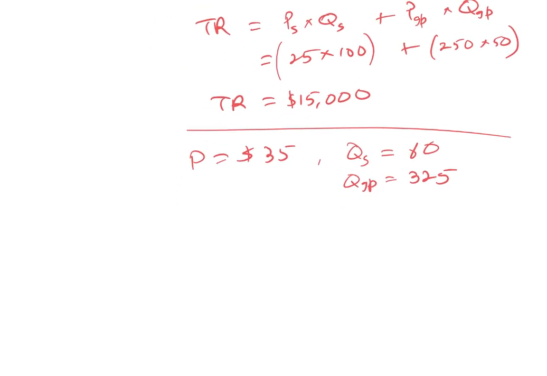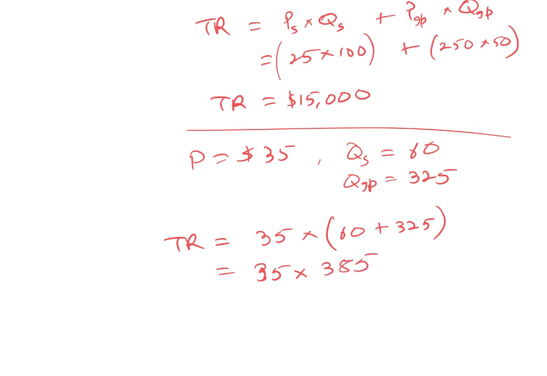At this price, their total revenue was basically the price times the total demand, which would be 60 plus 325, or 35 times 385, and this is equal to 13,475. So we see that by price discriminating and specifically charging at the level where the elasticity of demand for each of the segments equals -1, the firm can find the optimal price which will maximize their revenue.